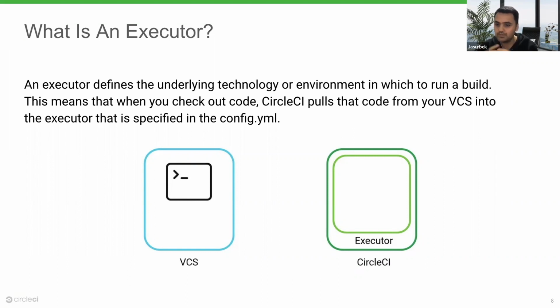You specify which executor to choose in your config file. And when you specify the executor, you can also add additional arbitrary commands. It can be tags, parameters, and also you can use one primary executor and additional secondary executors with different images available.